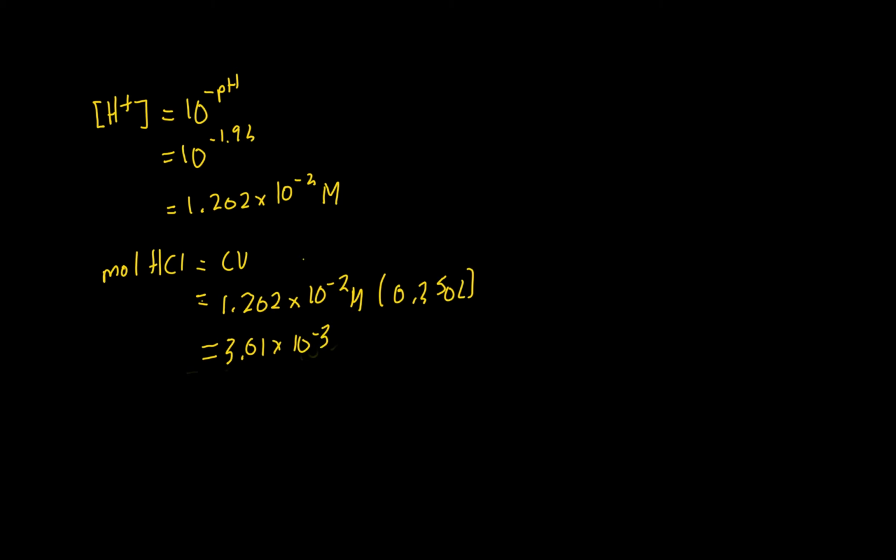All right. So now let's do the base. We have our concentration already, so we can go straight for our moles of sodium hydroxide, and we'll do it the same way. Concentration times volume. And here we had 1.05 times 10 to the negative 2.